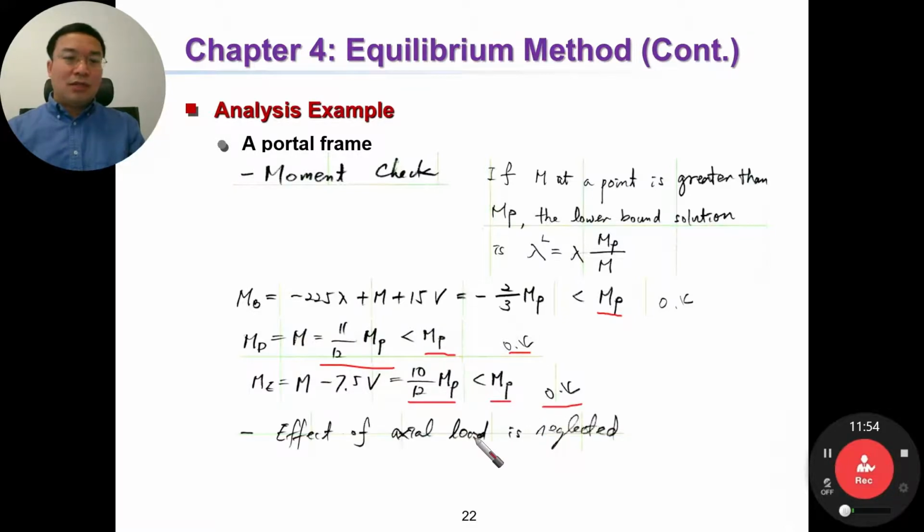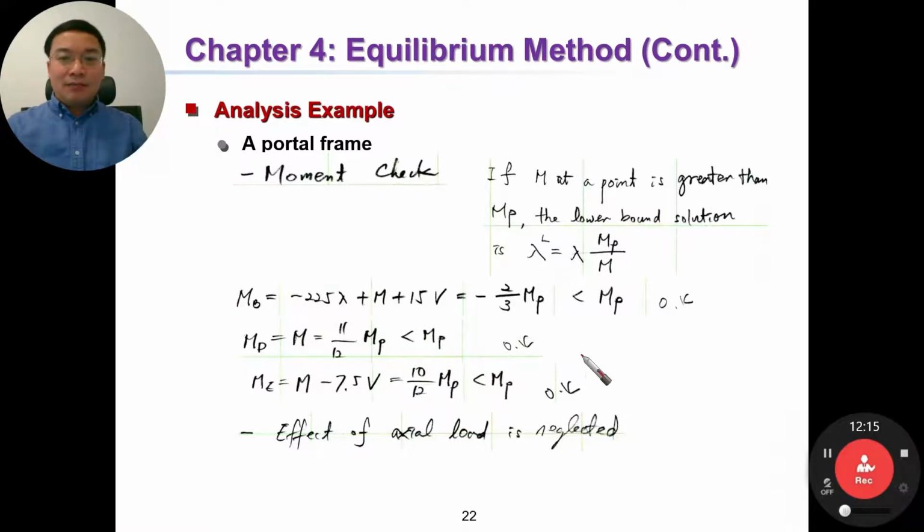And the last one, it's good. And you can check all of the points are satisfied. Then our solution is the correct solution.